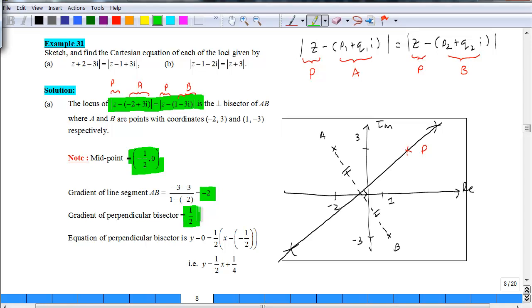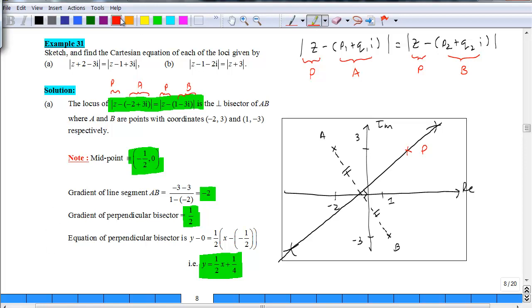Okay, so having the gradient of the perpendicular bisector and also having the midpoint, you can always form the equation of the perpendicular bisector. I shall not delve too deeply into finding the equation, because you can always use your equation of a straight line to find the equation of this perpendicular bisector.